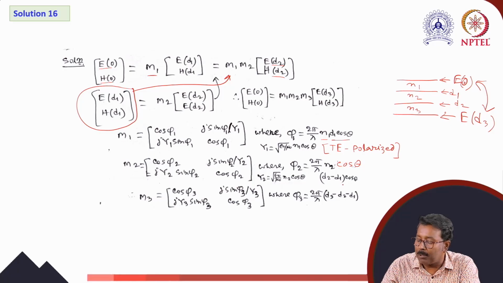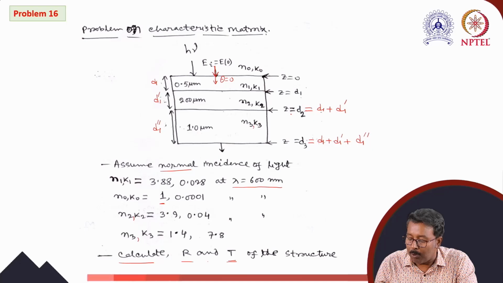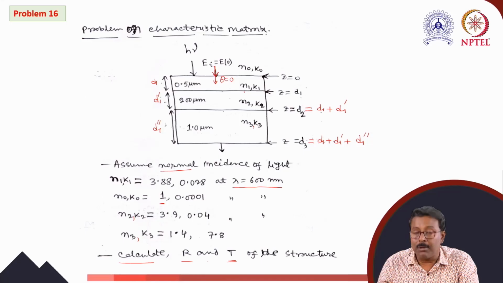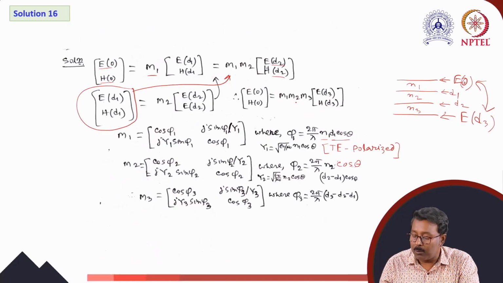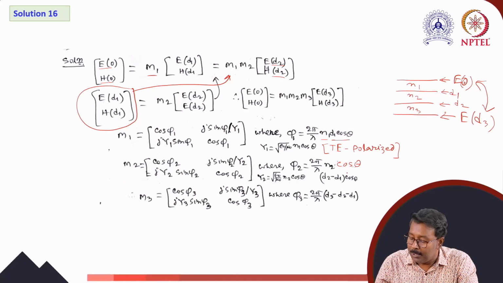The d2 minus d1 term must be there because the thickness of the second layer, it is the coordinate d2 and this is the coordinate d1. So the thickness of the second layer which produces the phase change is only due to d2 minus d1. That's why we have used d2 minus d1 cos theta.